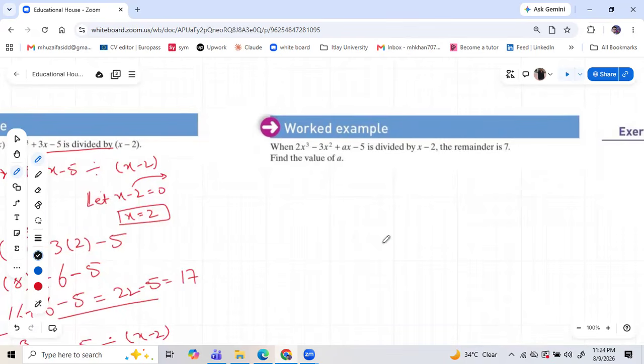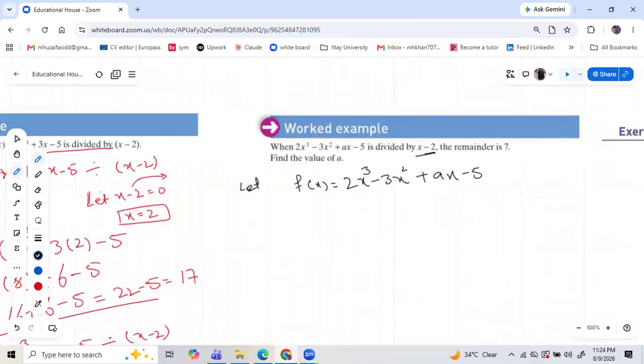The function 2x cube minus 3x square plus ax minus 5 is divided by x minus 2. The remainder is 7. Find the value of a. Look at it here. Our function is, suppose, let f of x equal 2x cube minus 3x square plus ax minus 5.